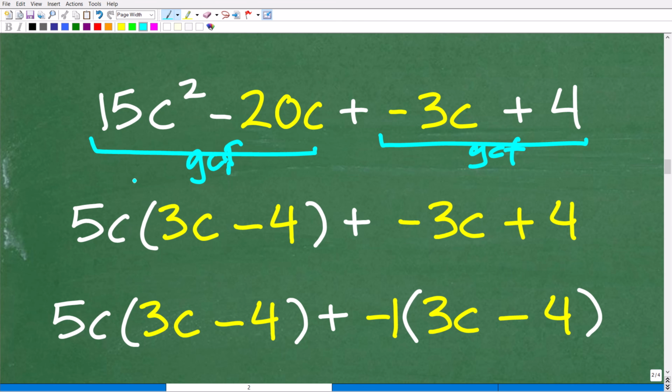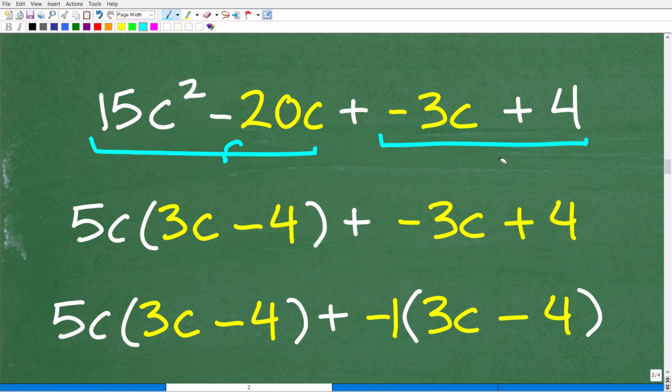So here, what do I have? Well, I can factor out a 5c, and every time you're not quite sure, you can just multiply this back in, right? 5c times 3c, 15c squared, and then 5c times negative 4 will give me back negative 20c.